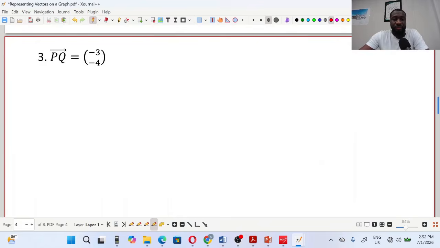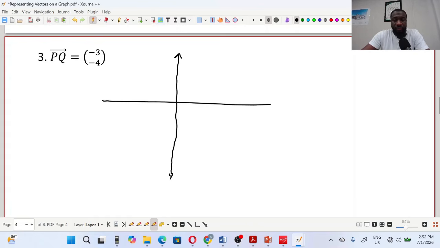Let's look at the next one. This one we have two negatives. So I draw my Cartesian plane. I know this is going to be my y, this is my x. And I'm looking for both negatives. Remember, the negative part of x is here and the negative part of y.